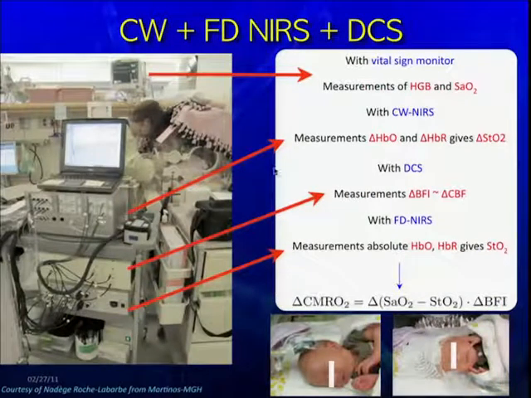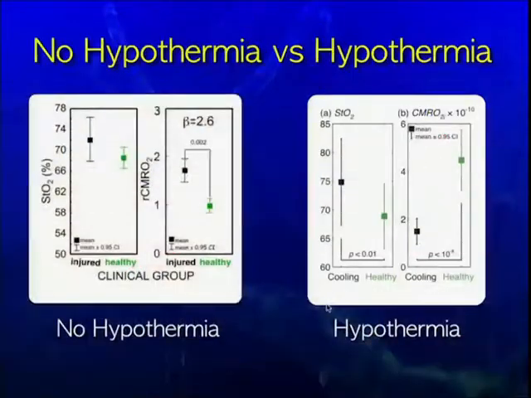So we went to the bedside as well with our continuous wave, frequency domain, and DCS systems, focusing on these two to get oxygen metabolism. Although we're working on sequences in MR, as Dan pointed out, we get just whole brain measures, and if you're labeling the suprasagittal sinus, you may not get information about the deep gray nuclei.